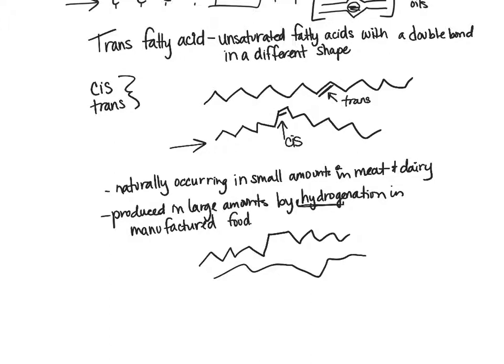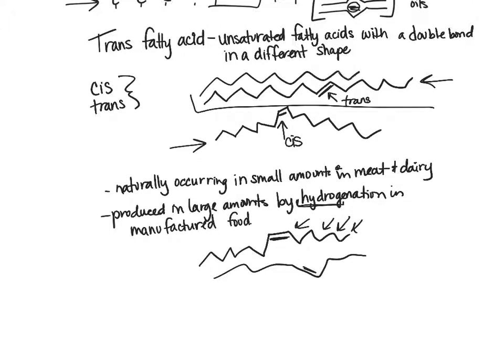They take the unsaturated fatty acids that are nice and kinked and have spaces and are more liquid, and when they hit it with a whole bunch of hydrogens, it changes into the trans formation. And this trans formation, you can see, is actually quite straight. Since it is quite straight, it packs just like saturated fatty acids can pack right next to each other, which means that it ends up being shelf stable.